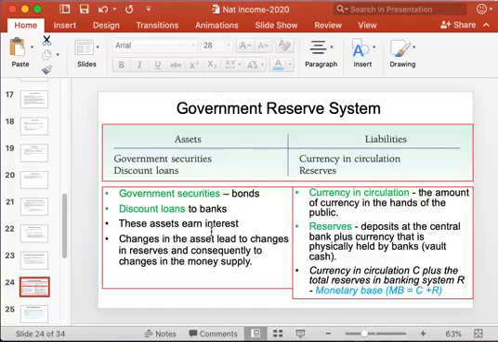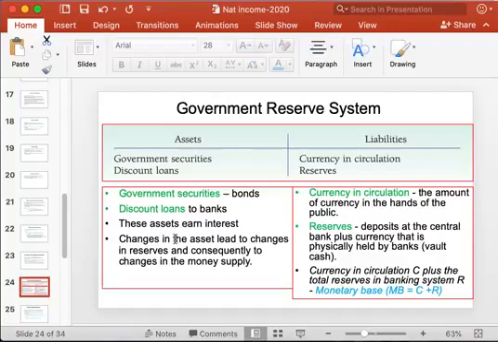And the government can actually control the supply of money through these two instruments or tools: government security and discount loans. So the government can actually control the monetary base here, or the currency in circulation and reserves, through these two instruments or tools: government securities and discount loans.